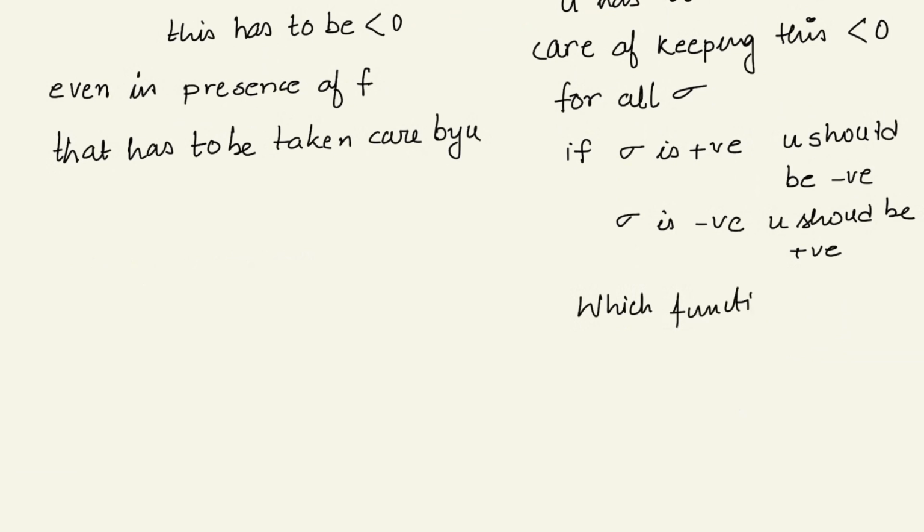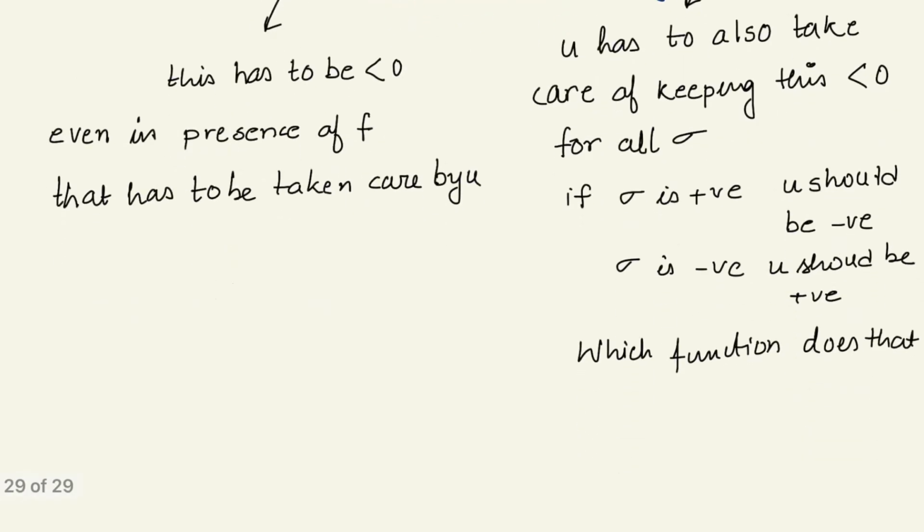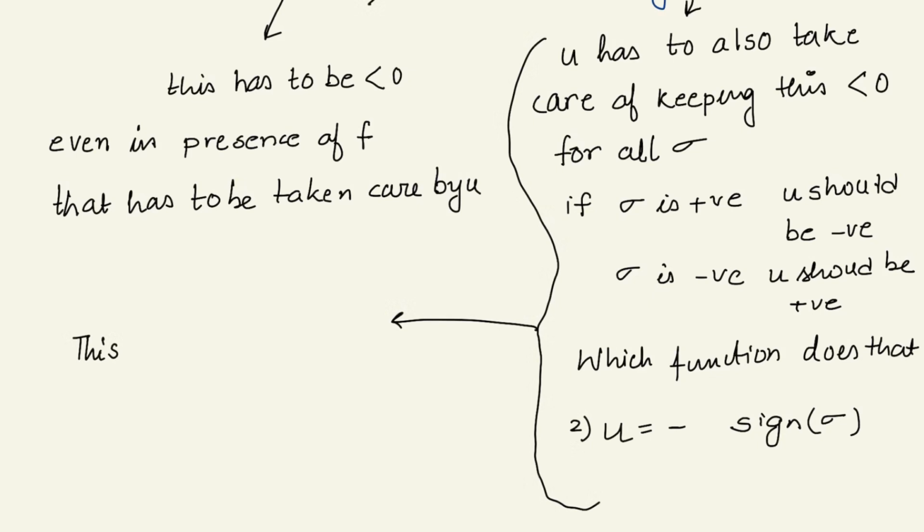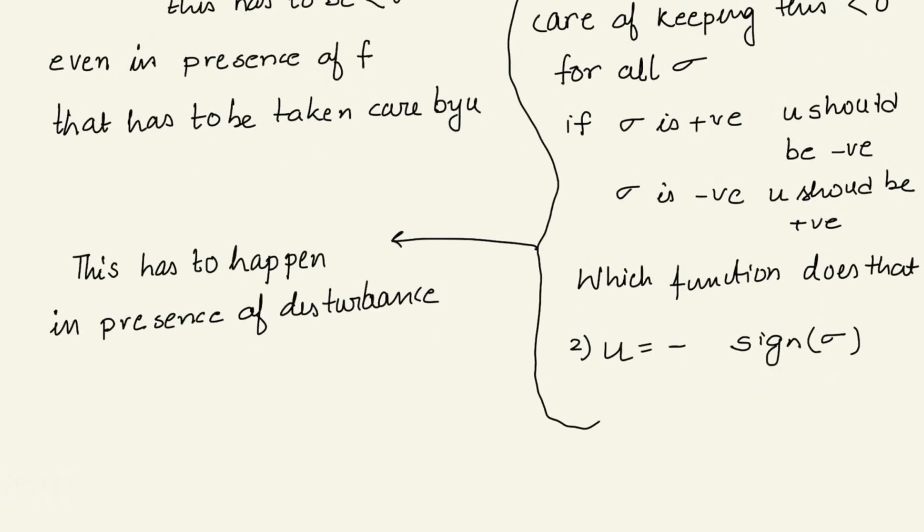Again, to make this whole multiplication less than 0, when sigma is positive, the whole factor inside this bracket should be negative and vice versa. So depending on the value of sigma, u should also vary. So u should be signum of sigma multiplied by some factor, and this should happen in presence of disturbance.